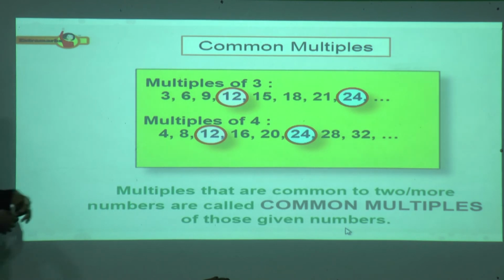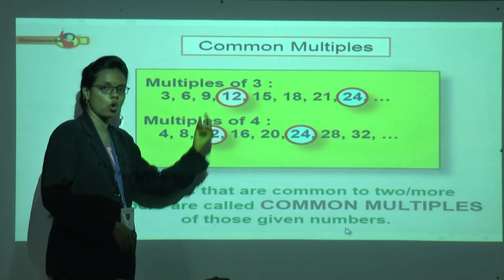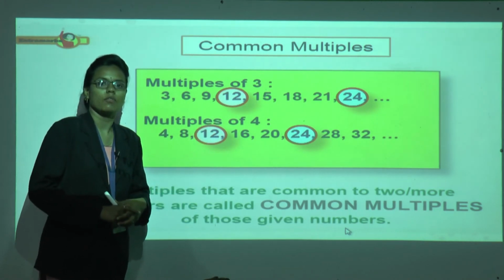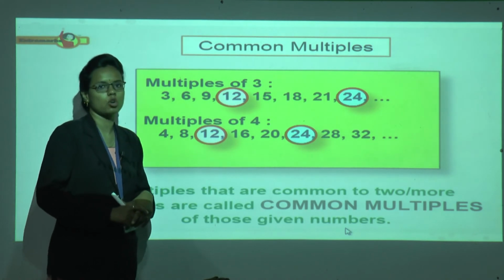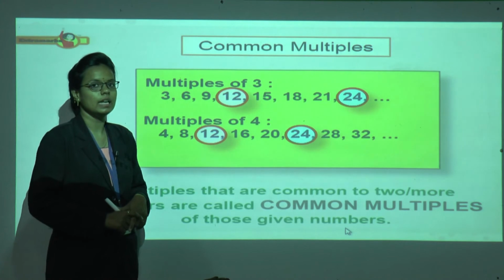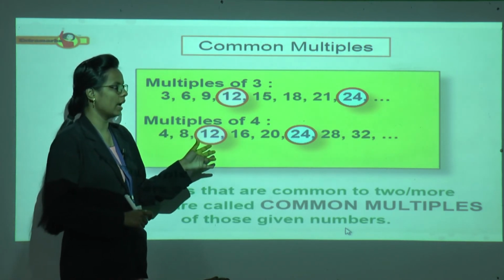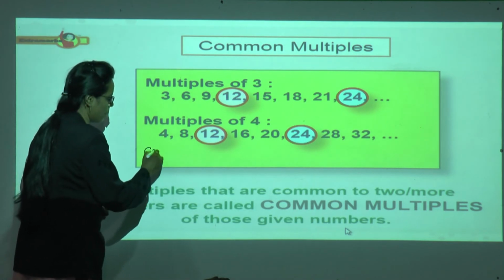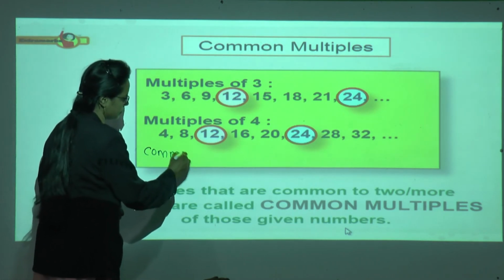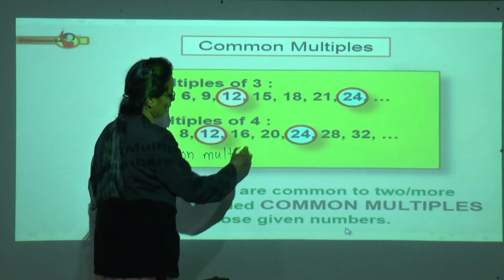Now we have found the multiples of 3 and 4 and then the common multiples. By this we can also find the LCM, which means the least common multiple. What are the common multiples we have found here?